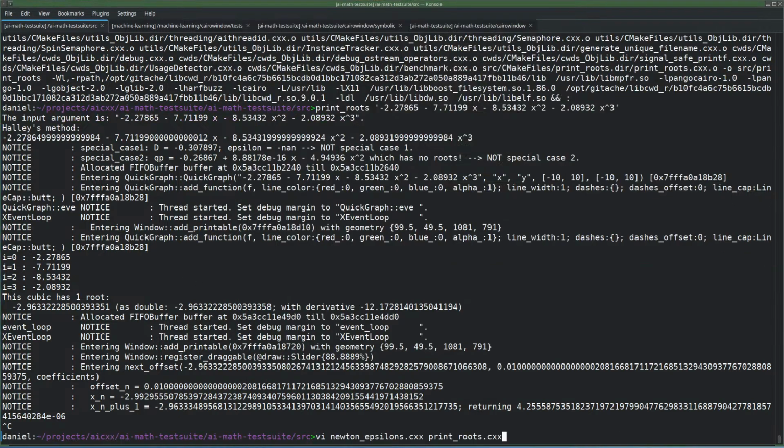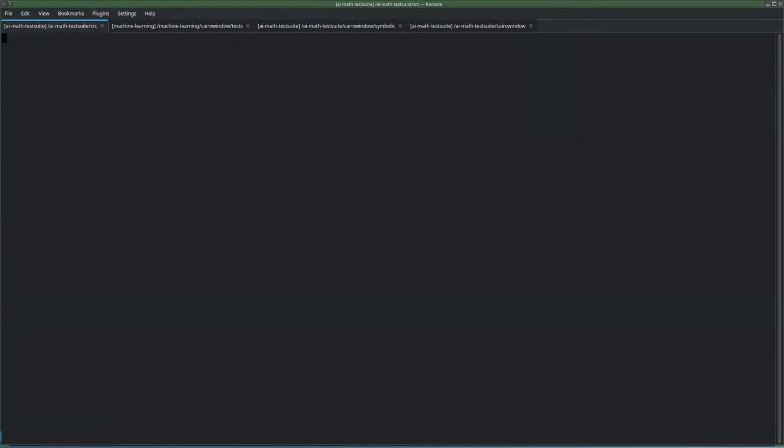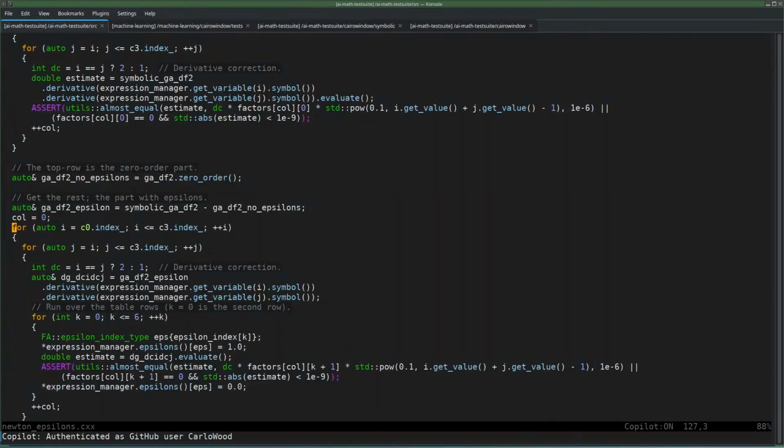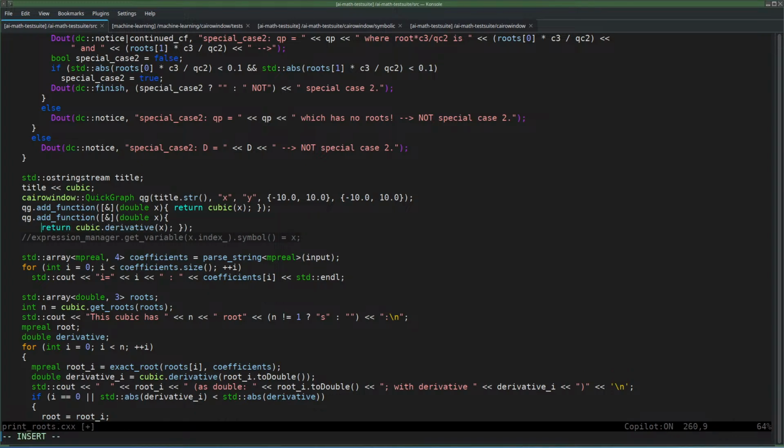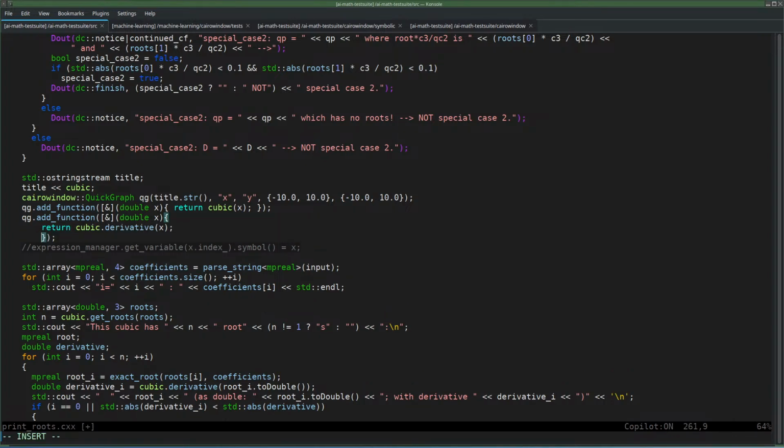And now instead of that, I'm going to print out the use formula. And this is what I wanted to do. So I add a function, and that function knows the x value.